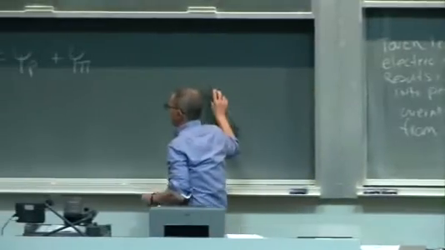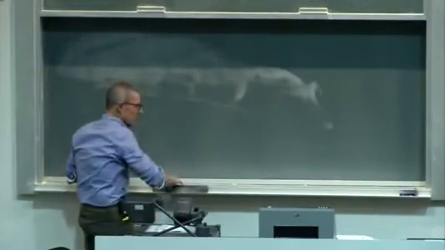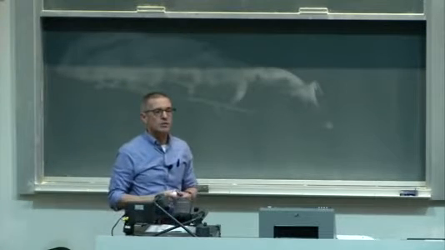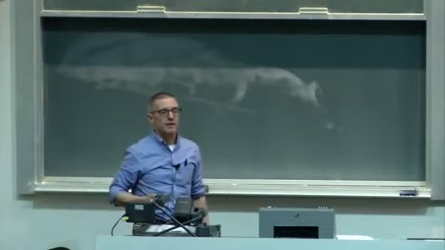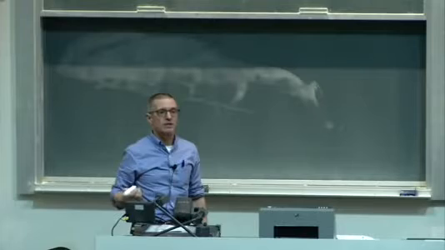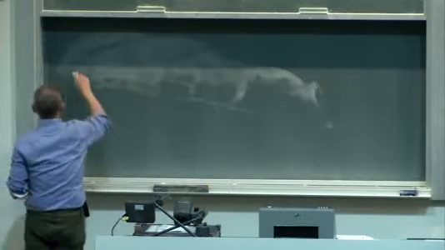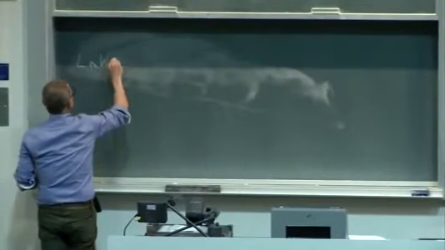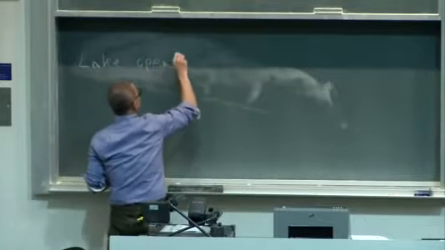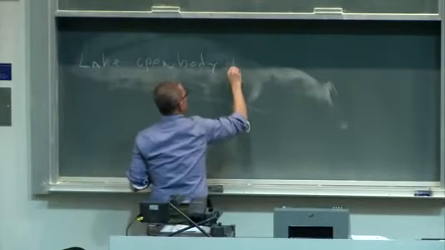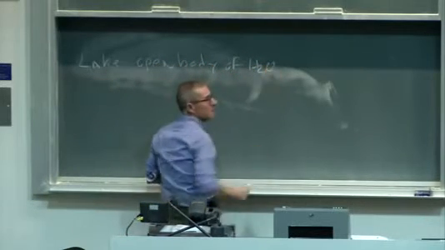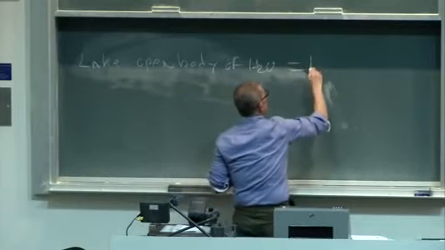Now, in your problem set, we ask you to calculate the water potential of a number of situations. One situation you are given is a lake, that is, an open body of water. That's essentially equivalent to a beaker of water.